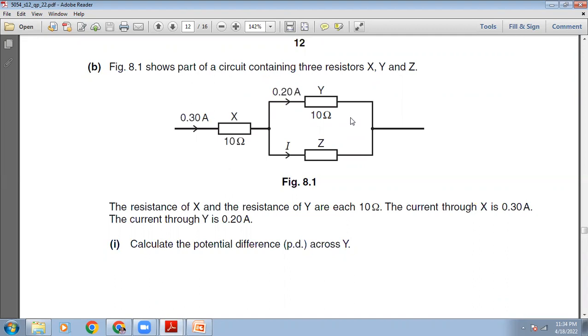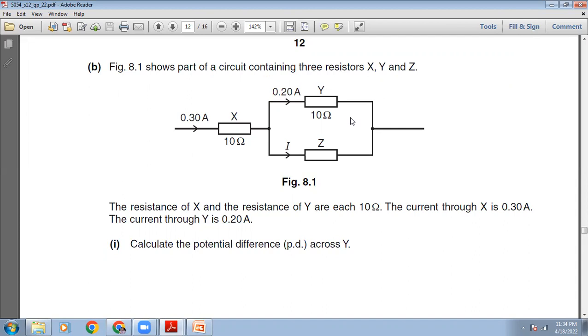Because V is constant in both, V equals IR. If in one branch the current is double and in the other branch the current is half, in one branch it is 0.2 ampere, in the other branch it is 0.1 ampere, so the current is half in the lower branch through Z.